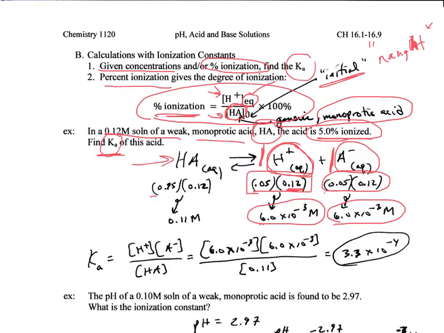If it's only 5% ionized, then 95% is still in neutral molecular, unionized form. So that's the equilibrium concentration of my acid, still present in solution. Set up your value for your equilibrium constant, specifically labeling it now as a Ka, plug and chug, and you get an equilibrium constant for that particular acid.